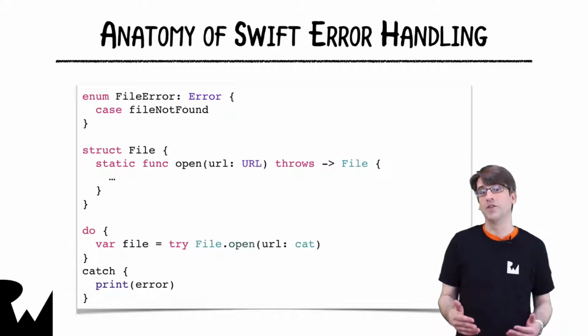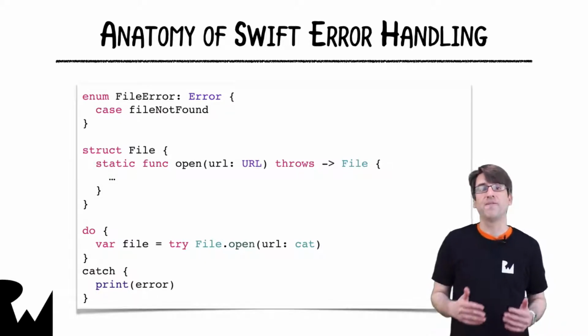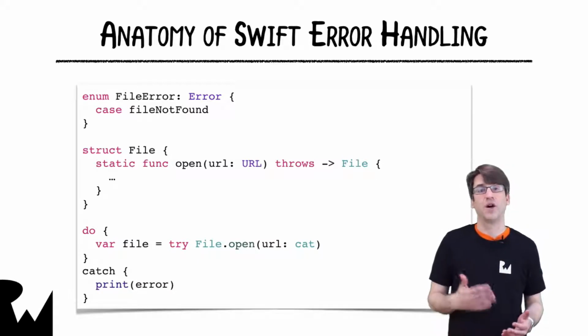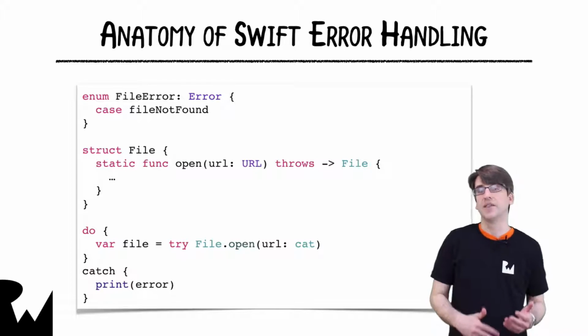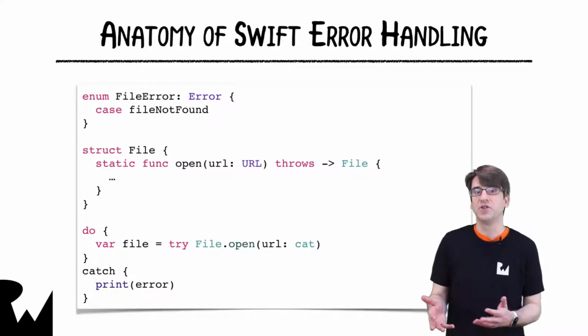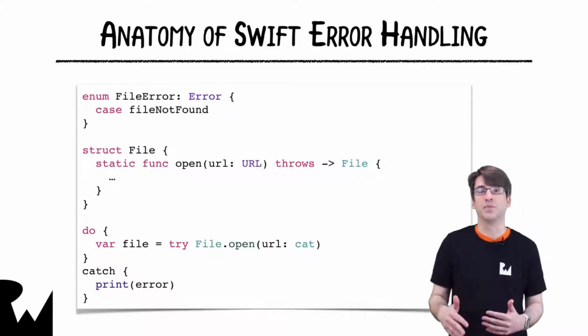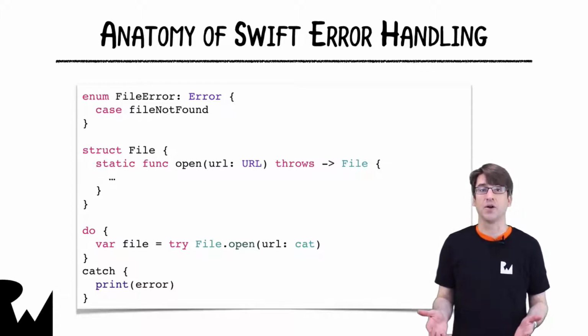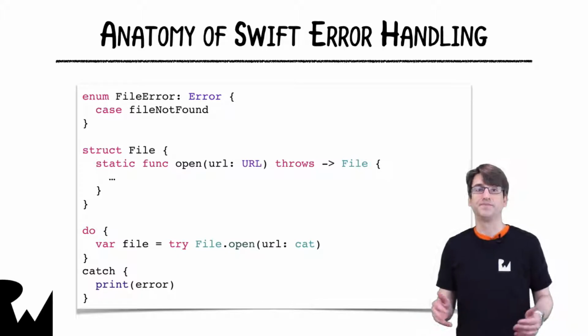Now, when you call the open function, that call needs to be marked with try. And generally that is in a do block that is followed by a catch block. And the catch can contain pattern matching. And if it doesn't, you just get back a magic variable called error that contains the error that was thrown.